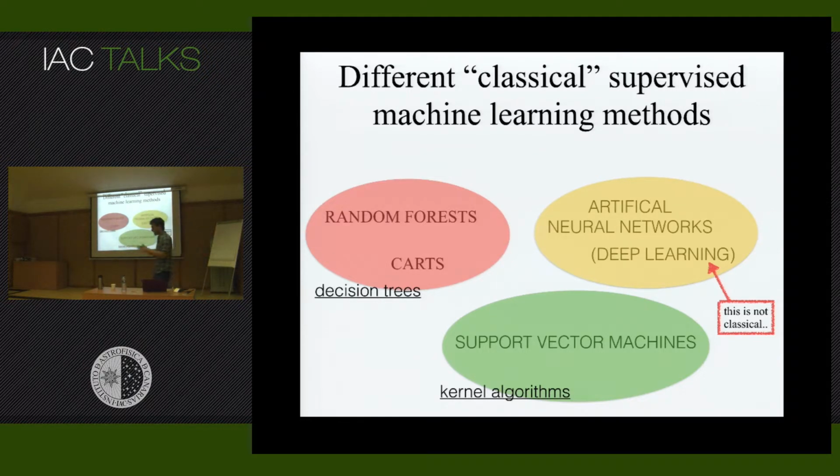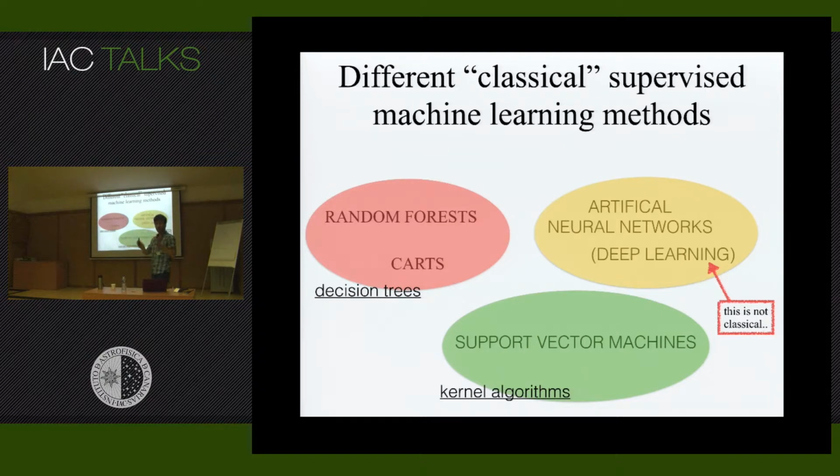And in machine learning, there are a bunch of different algorithms, as we will see. You will learn about support vector machines, probably from Michael. You will learn about random forests or decision trees. I will talk more about artificial neural networks, because they are the seed for deep learning.